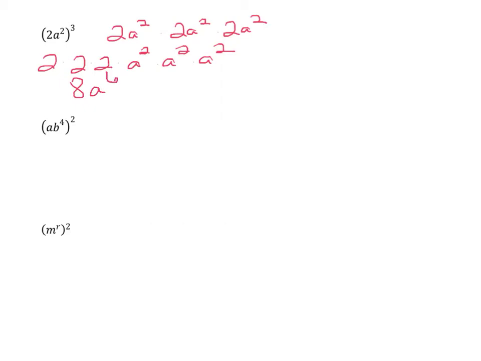If I look at the next one, ab to the 4th, quantity squared. So that's ab to the 4th times ab to the 4th, which means a times b to the 4th times b to the 4th. And that gives me a squared b to the 8th.